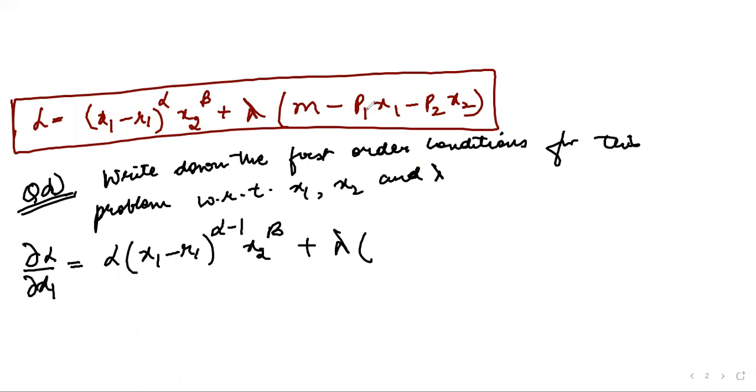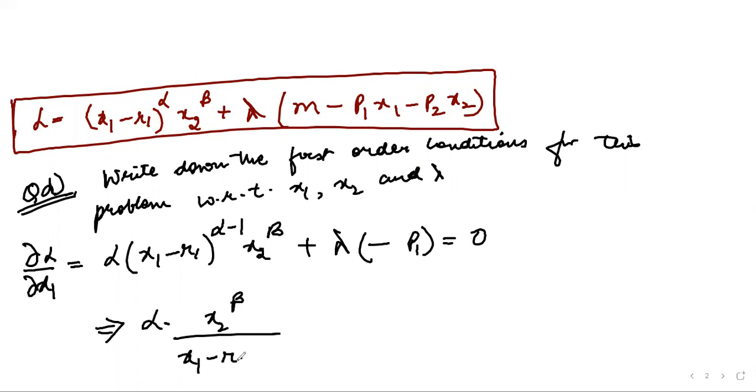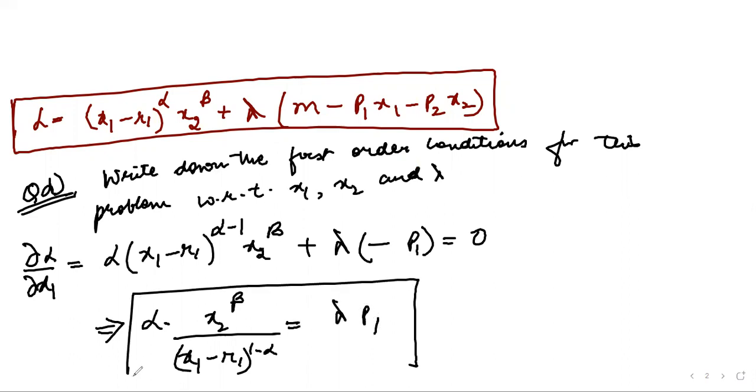So P1 into x1 with respect to x1 will be minus P1 is equal to 0. I can solve this and rewrite this as alpha into x2 to the power beta upon (x1 minus r1) to the power 1 minus alpha is equal to lambda P1. This becomes my first equation.